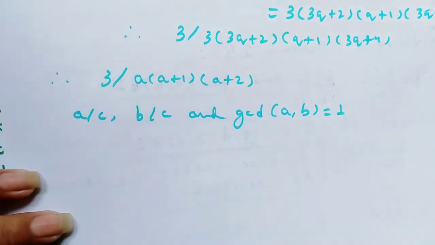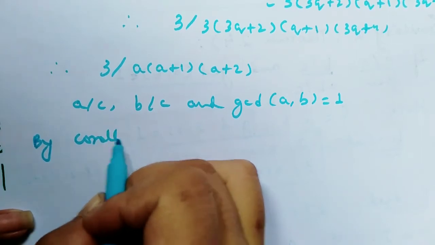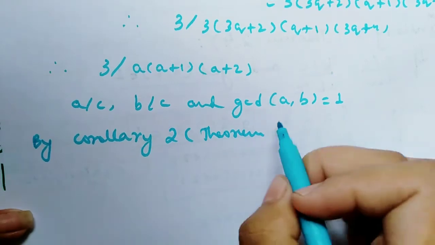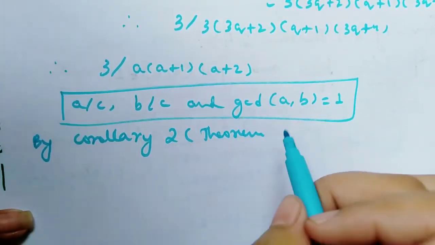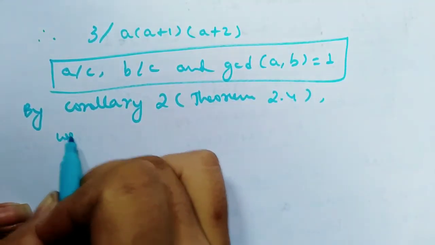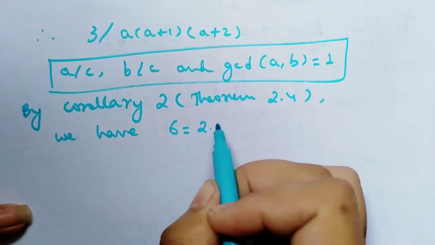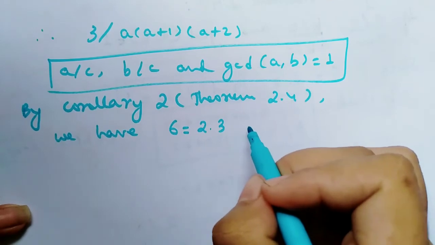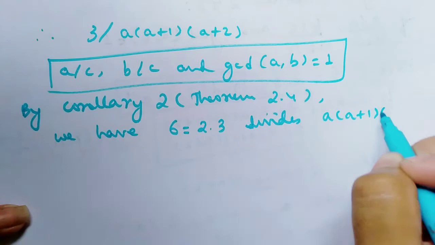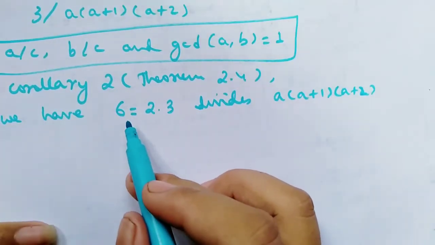So using corollary 2 of theorem 2.4, we have that 6, which is 2 into 3, divides a into a plus 1 into a plus 2, or we say that this term is divisible by 6.